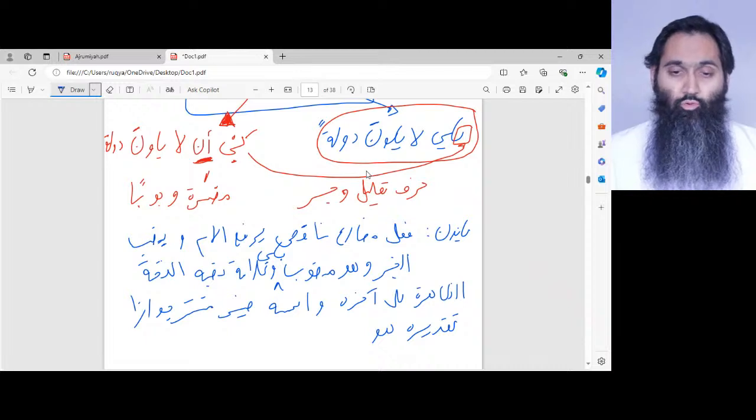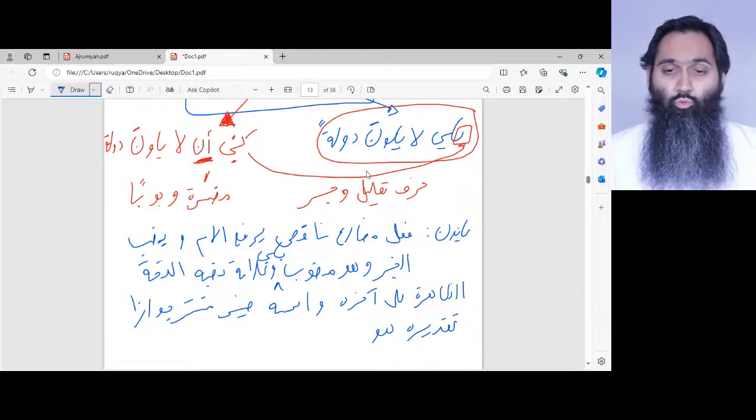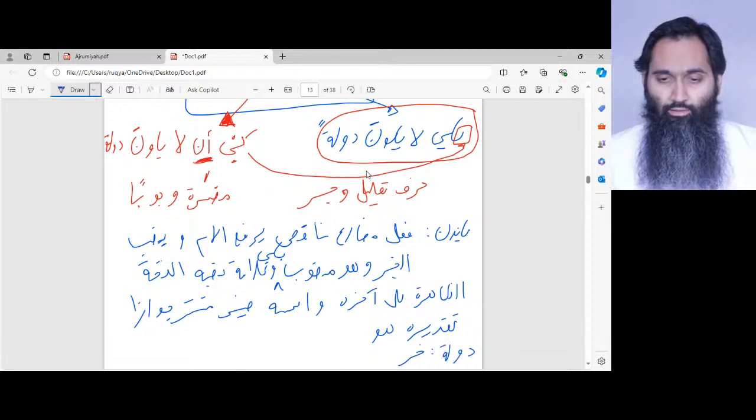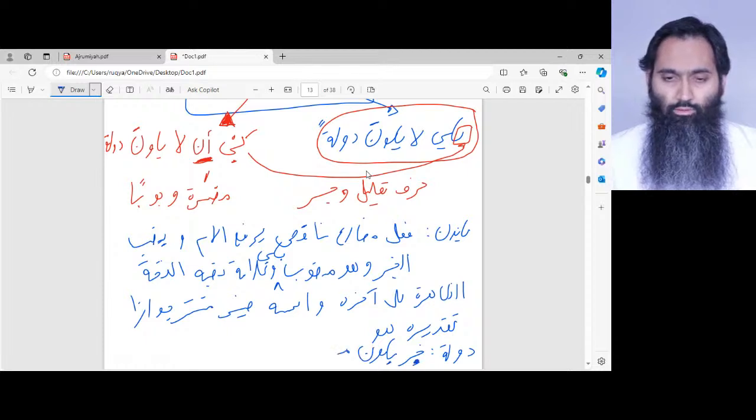Yes, so واسمه ضمير مستتر جوازا تقديره هو، يكون هو، دولة خبر يكون منصوب، وعلامة نصبه الفتحة الظاهرة على آخره.